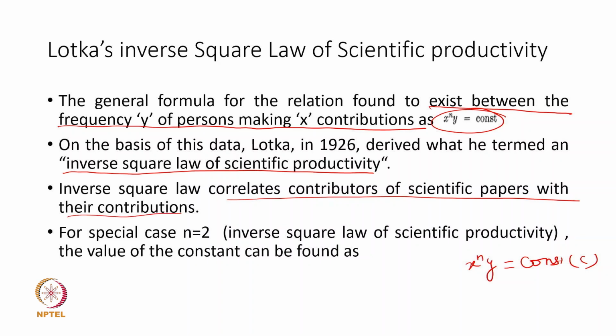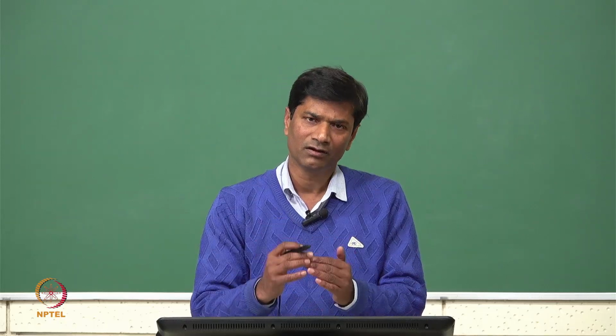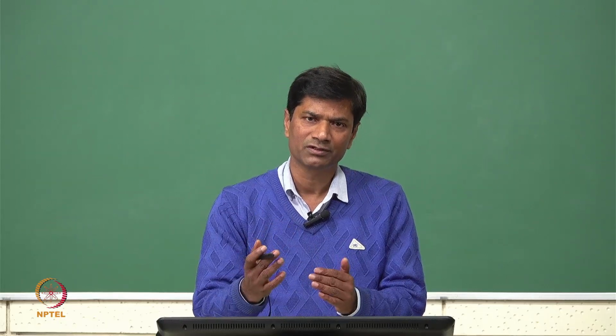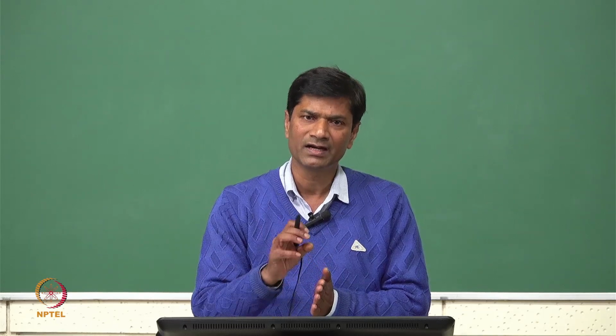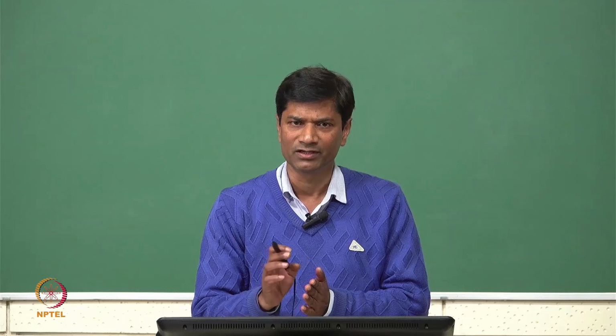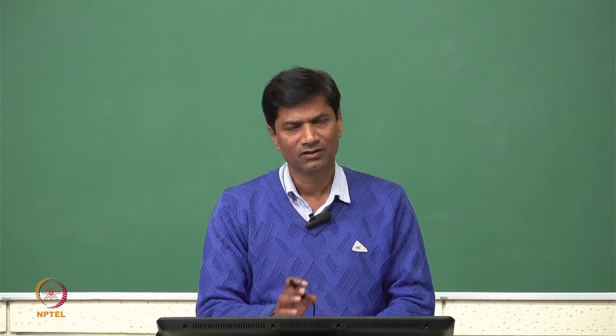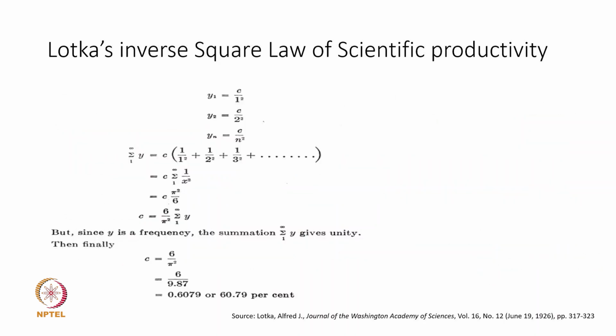It says what the relationship is between the number of papers produced by a contributor, and that relationship is governed by x^n y = constant. For the special case n equal to 2, that is the inverse square law of scientific productivity, we can find the value of the constant as you see.